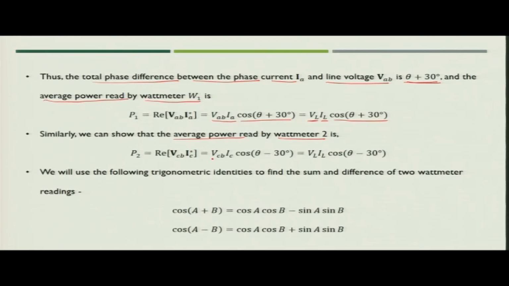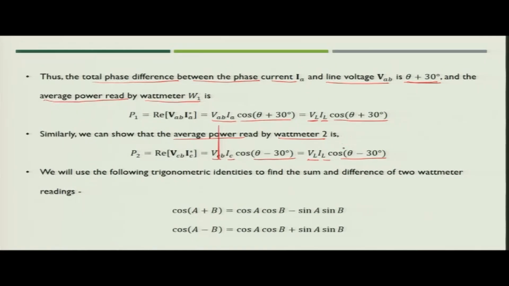So you can write VCB into IC into cos(theta minus 30 degree). Now, in terms of line voltage and line current, P2 will give you the value of VL into IL cos(theta minus 30 degree).